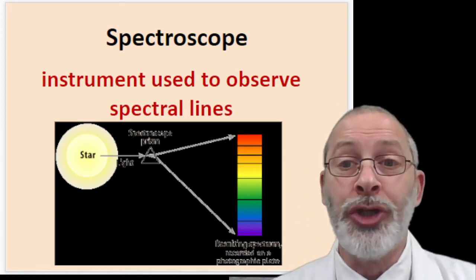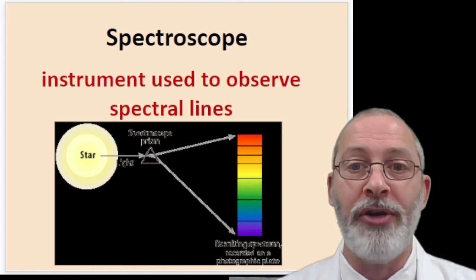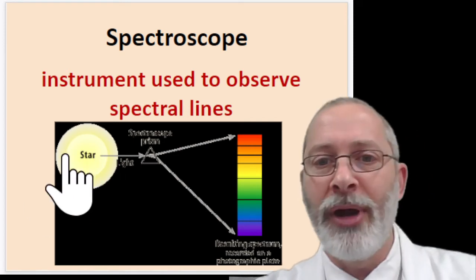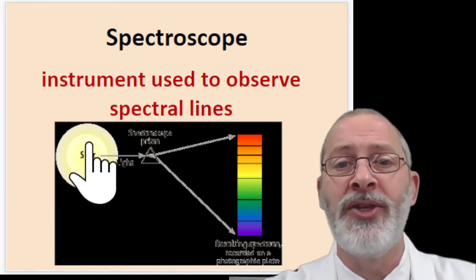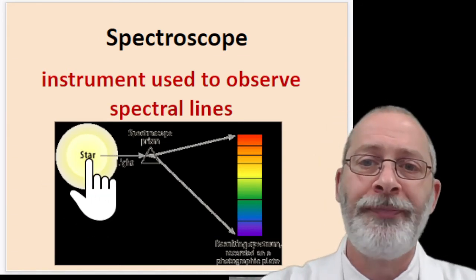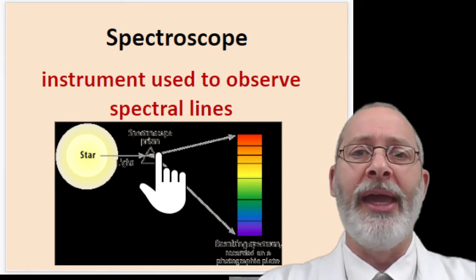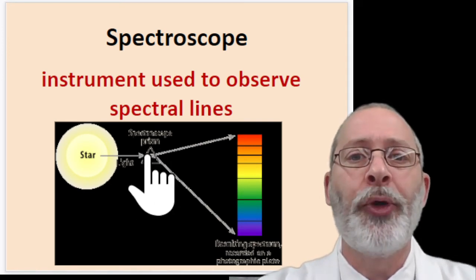Spectroscopes are instruments used to observe spectral lines. So in this diagram here, we see a luminous body, in this case a star. The light travels through a spectroscope's prism.